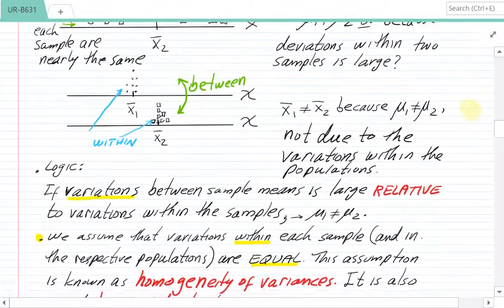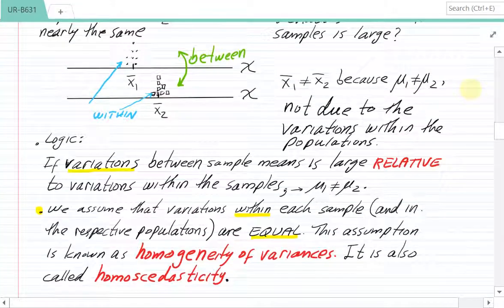Now I'm going to formalize this for you. So here's the actual logic behind the work we're about to see. It goes like this. If variation between sample means is large, between means the distance from here to here, between these two. So imagine if I move this bunch of data points directly below it, the between variability means between the first group and the second group.